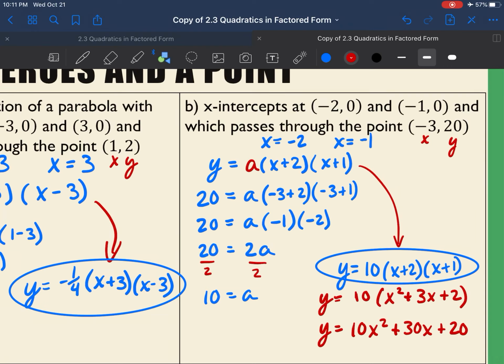So that is the completely simplified standard form. All right, so that's the end of section 2.3.